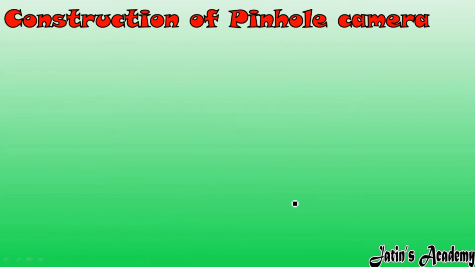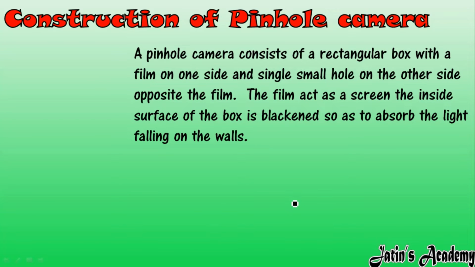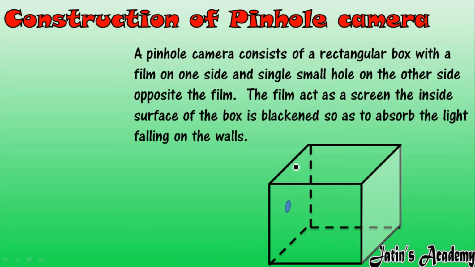Okay. So now we are going to study the construction of the pinhole camera. Actually a pinhole camera consists of a rectangular box. On one side of the rectangular box, one film, or you can say a screen, is there, and on the other side we have a small hole. Opposite to this screen, we have a small hole.